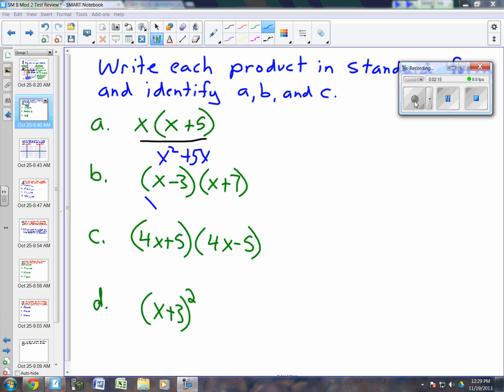He's going to multiply x times x. Then he's going to times x times 7. You just put x squared plus 7x, Caden. Erase it and write it so we can see it.